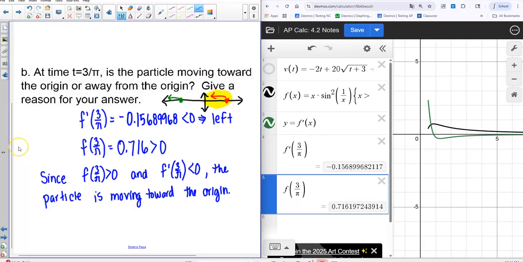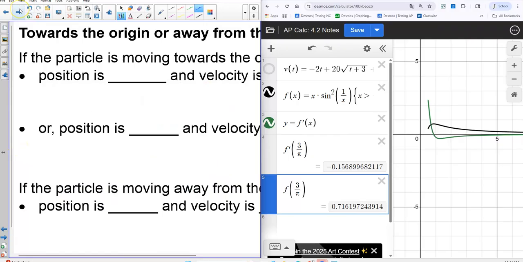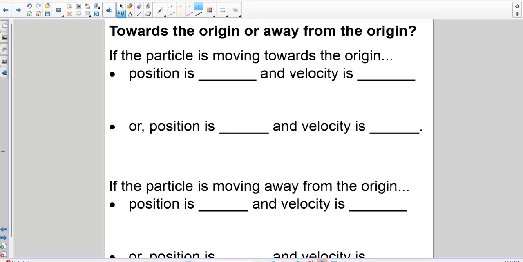So, summarizing really quickly. Oh, good gracious. We've got to fill in this last thing right here. If the particle is moving towards the origin, position is positive and velocity is positive, or position is negative and velocity is negative.